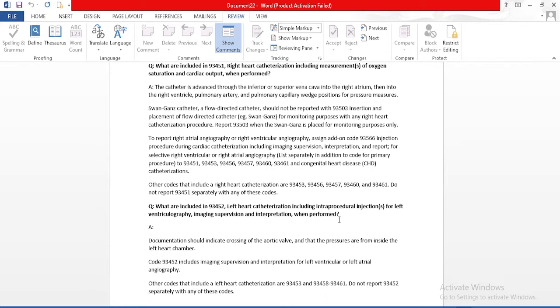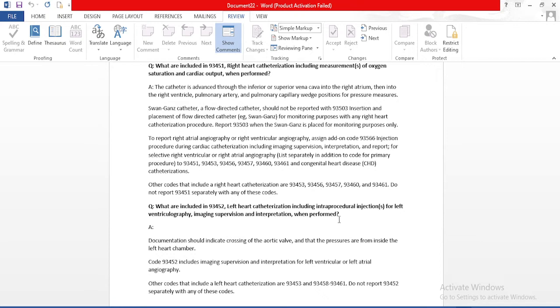To report right atrial angiography or right ventricular angiography, assign add-on code 93566, injection procedure during cardiac catheterization including imaging, supervision, interpretation and report, for selective right ventricular or right atrial angiography.